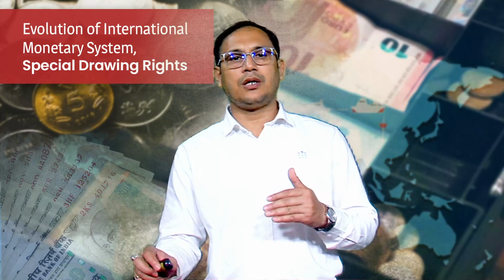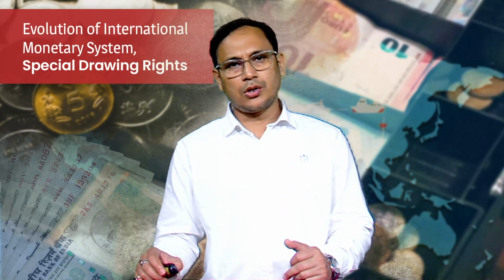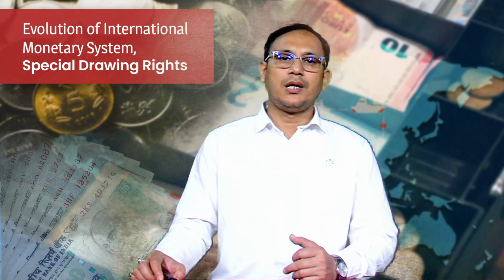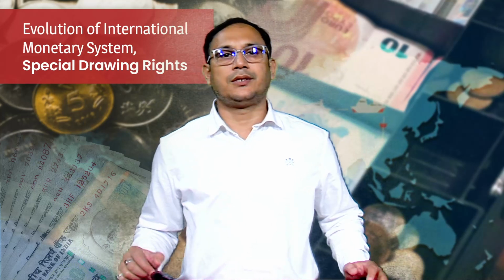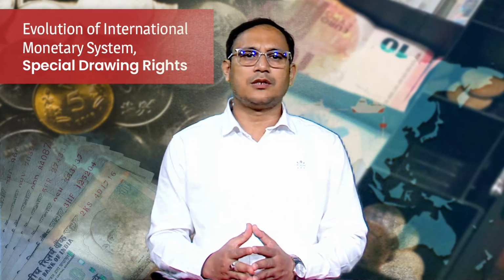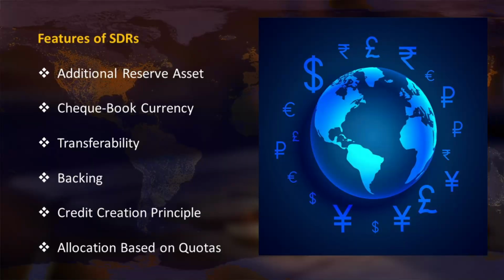Since we discussed what is the necessity of introducing SDR by the International Monetary Fund and how it works, next we will discuss the features of SDR, that is Special Drawing Rights. The first feature of Special Drawing Rights is the additional reserve.